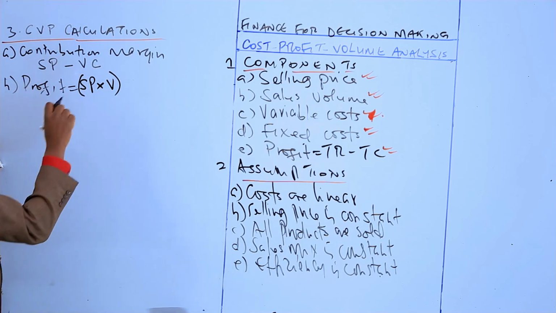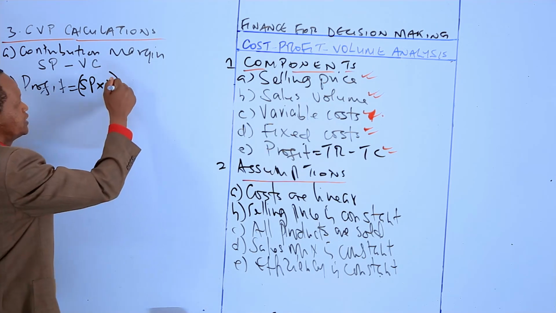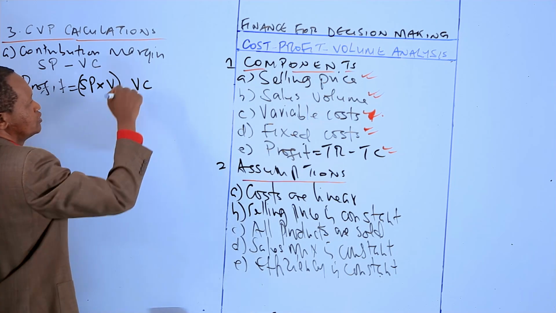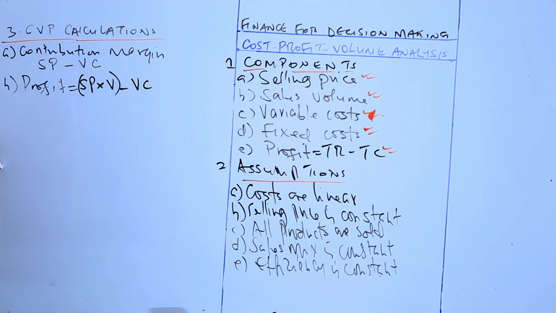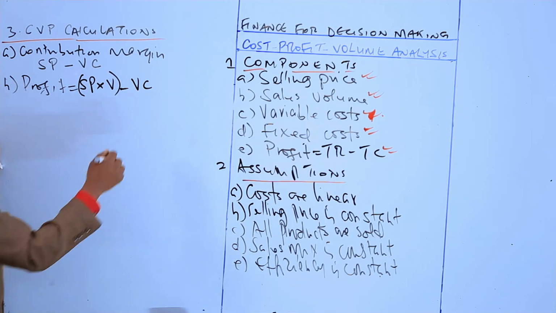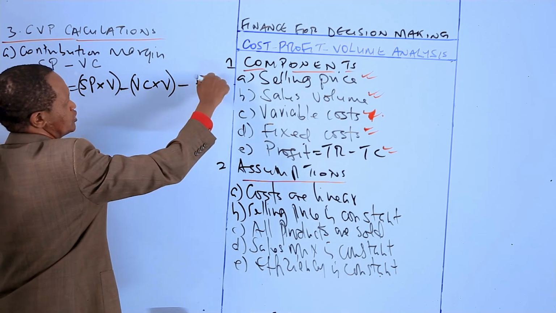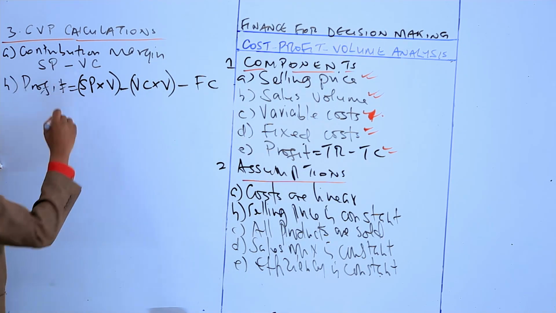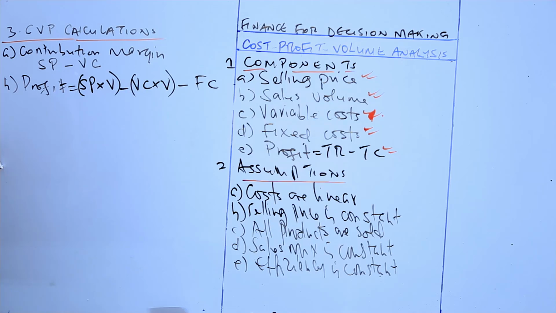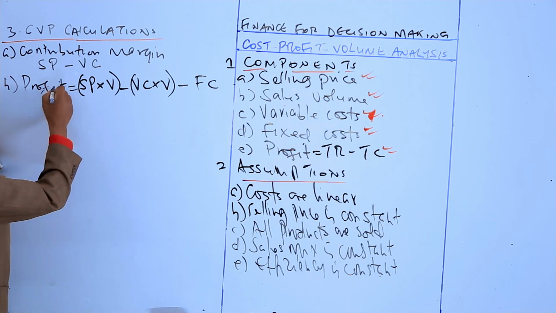This will give us the revenue. From this revenue, we deduct the variable costs, which equal the variable cost per unit times the number of units produced. Then we deduct the fixed cost.